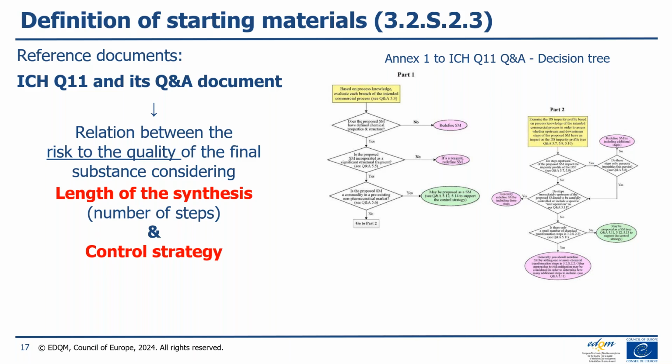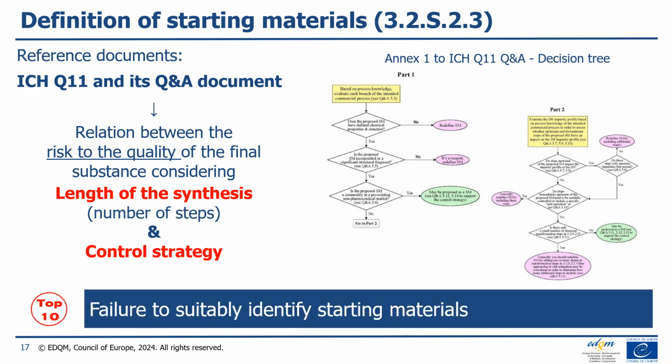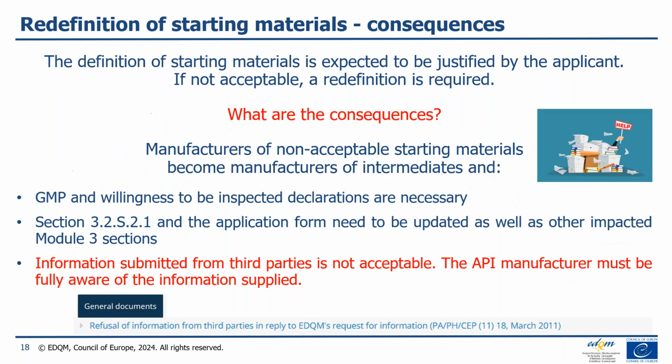And this has been very well reflected in Annex 1 to the ICH Q11 question and answer document, the decision tree you can see on the screen. This is nowadays currently our top 10 deficiency, the failure to identify appropriately and suitably the starting materials.